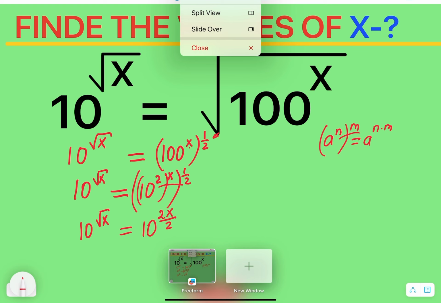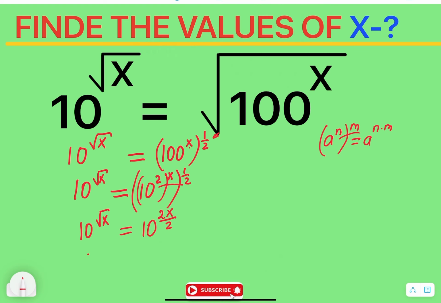Then we can write down again this part, 10 to the power of square root of x equals 10 to the power of, this 2 can be crossed out with this 2 divided, like 2 divided by 2 is 1. So we will be left with only x. See, we have the same bases. That means exponents are equal to each other. We can write down here square root of x equals x.